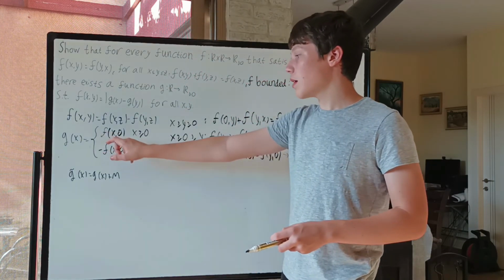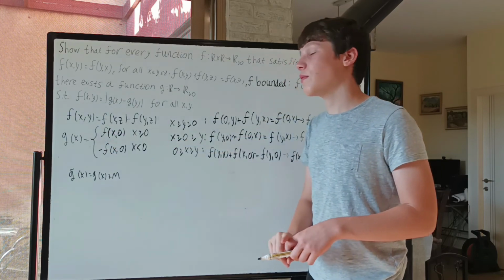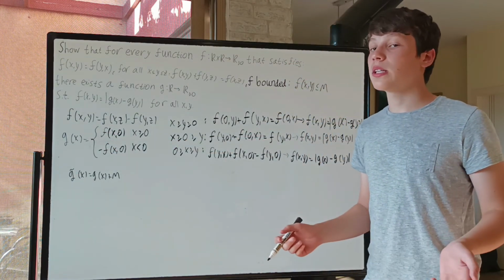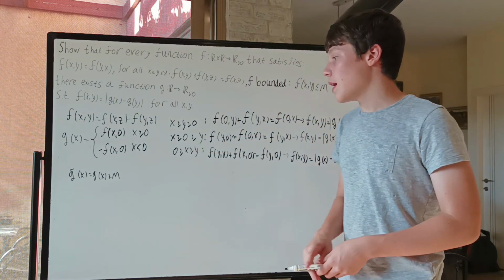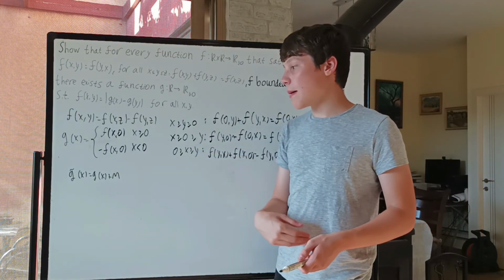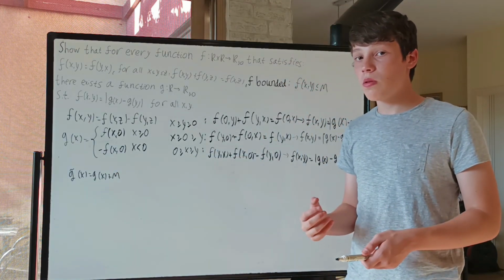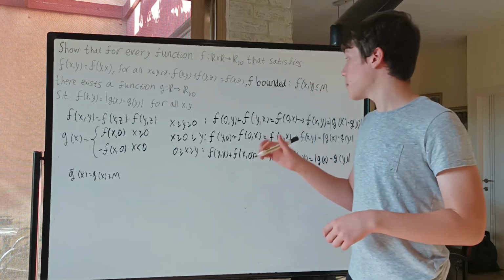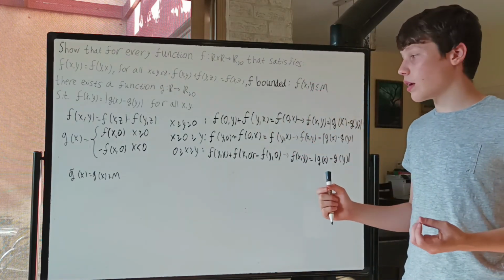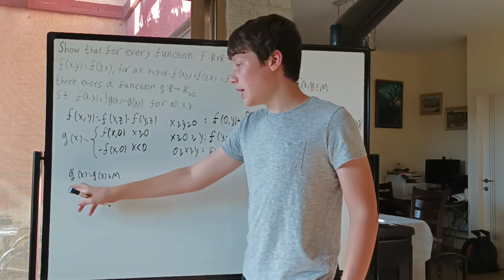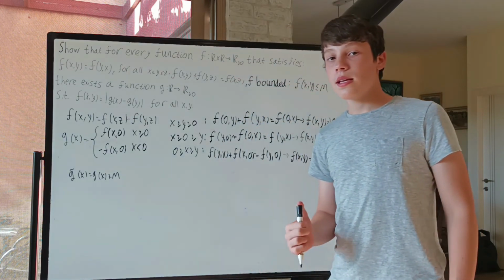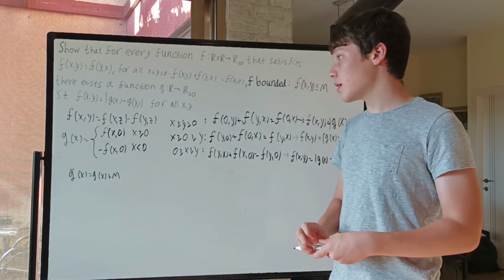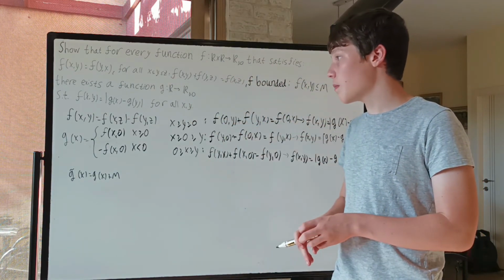Now at the top I would have M plus f of x comma 0, which is clearly non-negative. And at the bottom I'll have M minus f of x comma 0, which, because of this, is also non-negative. So g tilde of x is now non-negative. It goes from R to R bigger than or equal to 0.